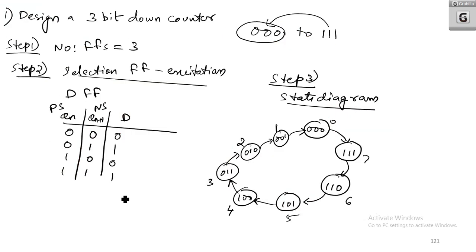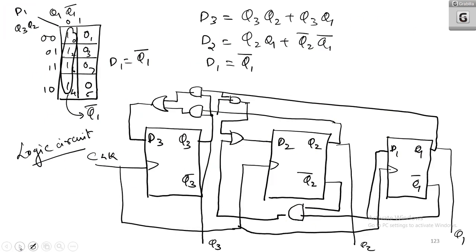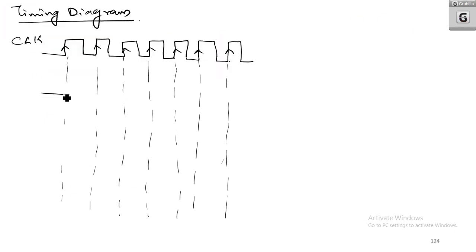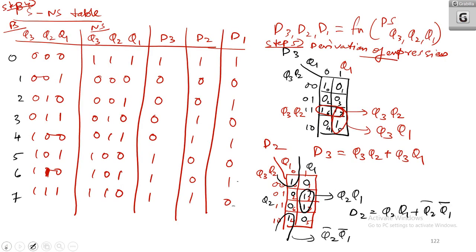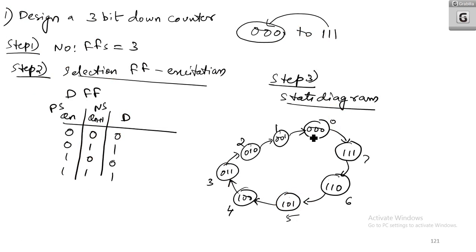Okay, so I am going for Q3. Q3 is 0, 1, 1, 1, 1. So in the first clock, it is coming in as 0. Then 0 is here, then 1, 1, 1, 1.